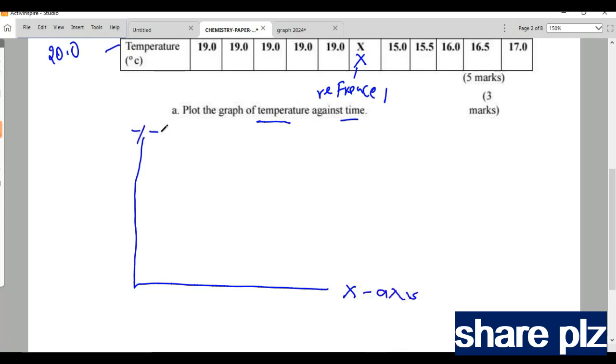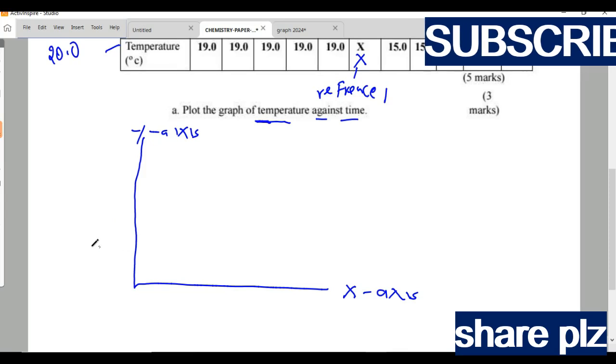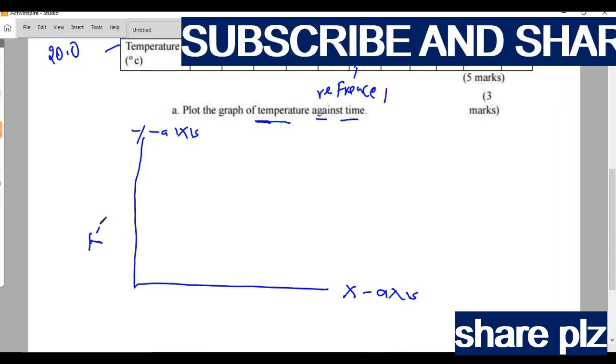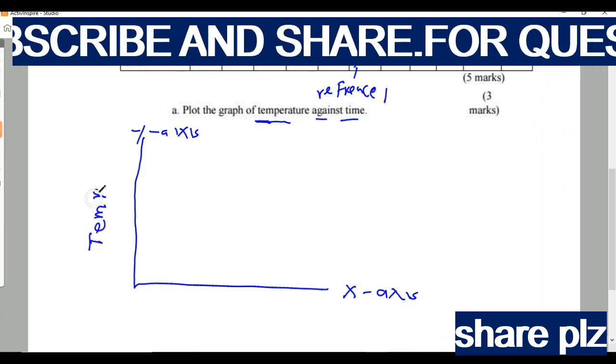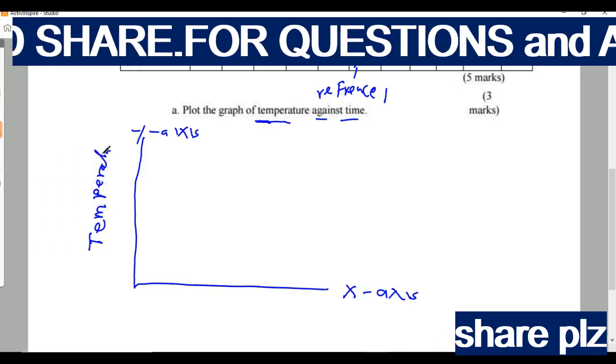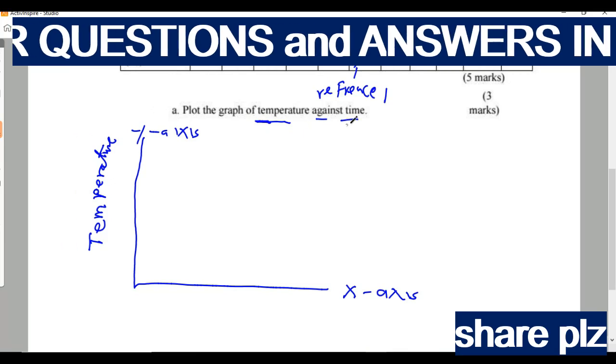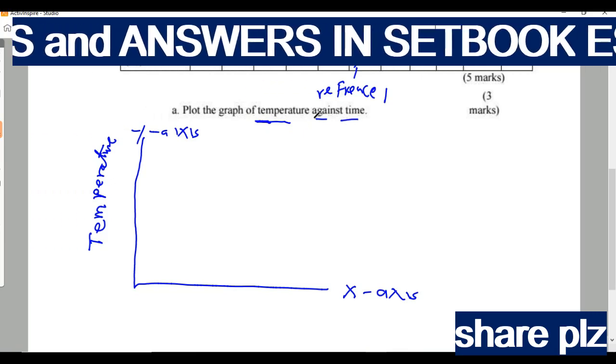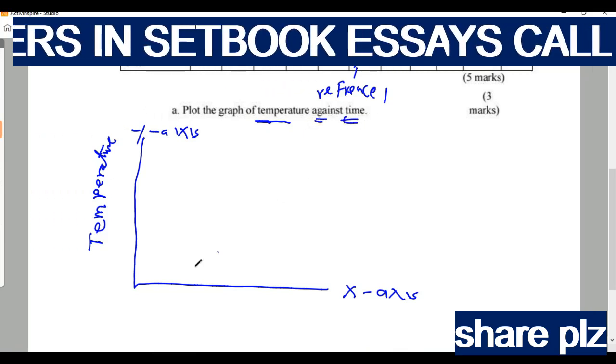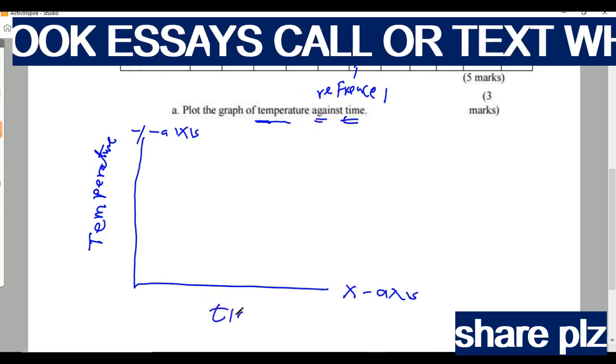The one that comes before the word against is the y-axis, so here we are going to have temperature. Whatever comes after the word against is the x-axis, so this one will be time.